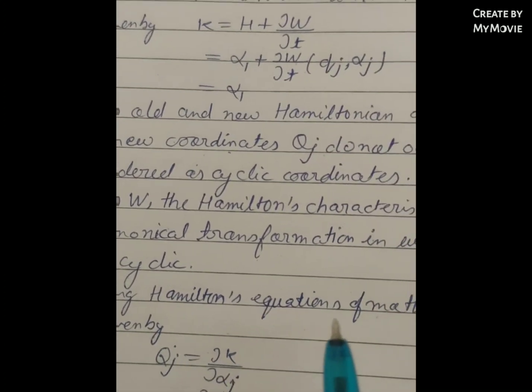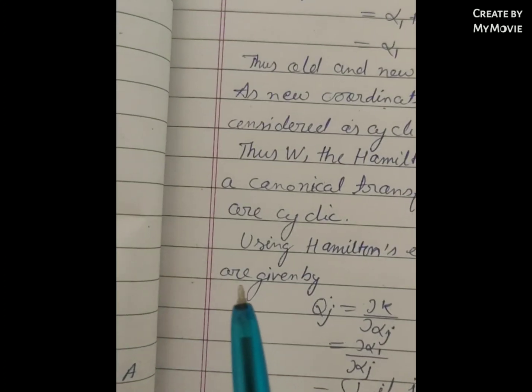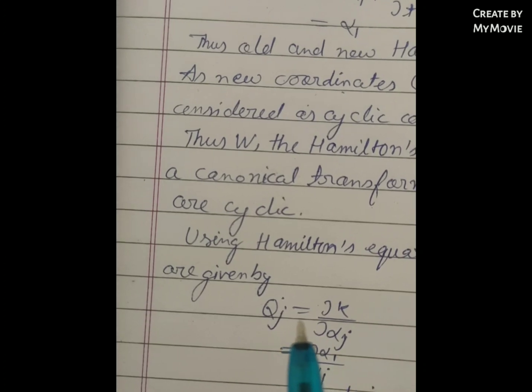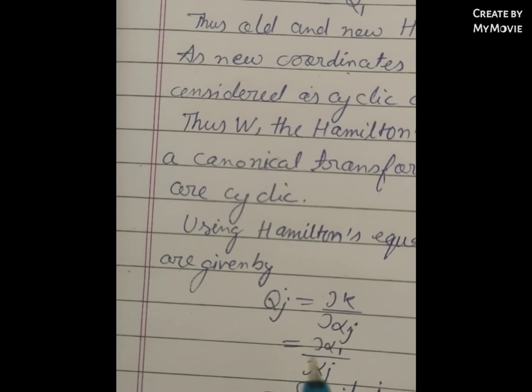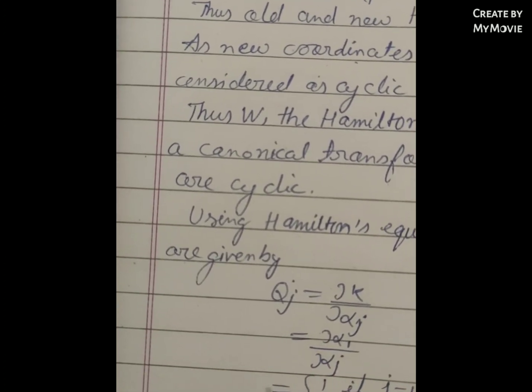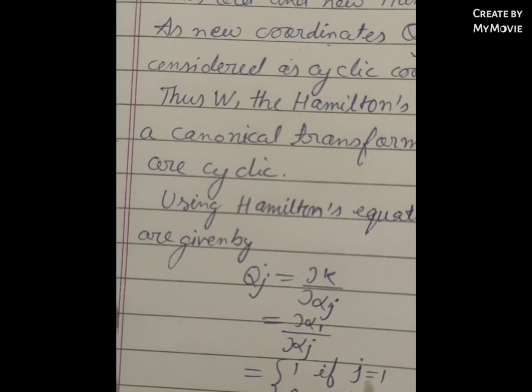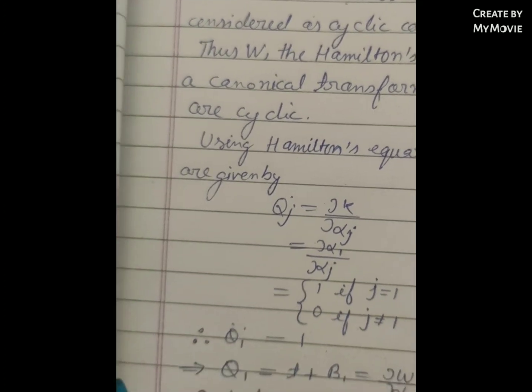Using Hamilton's equations of motion, the new coordinates are given by Q̇j = ∂K/∂αj = ∂α1/∂αj = 1 if j = 1 and 0 if j ≠ 1.